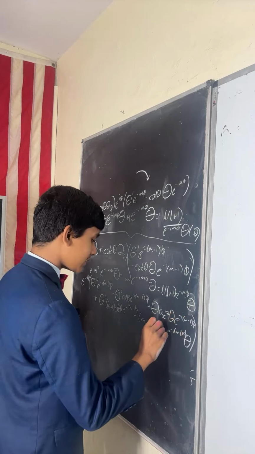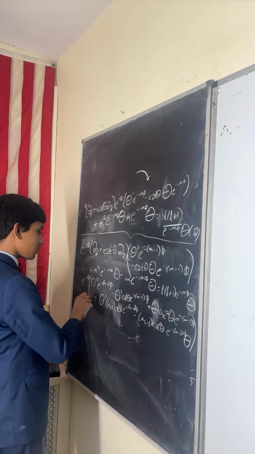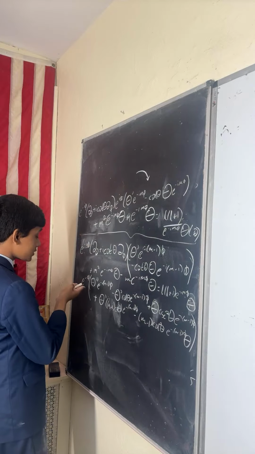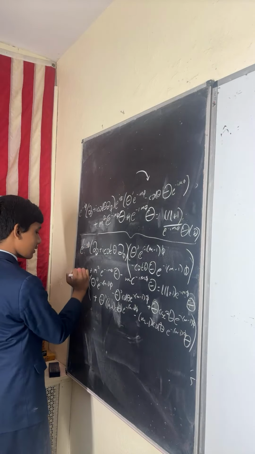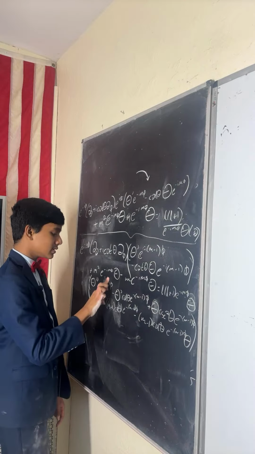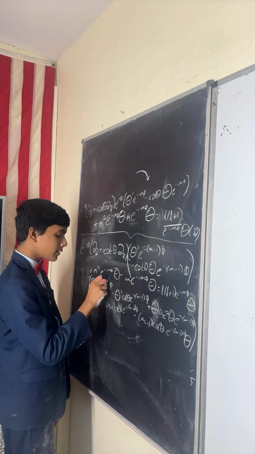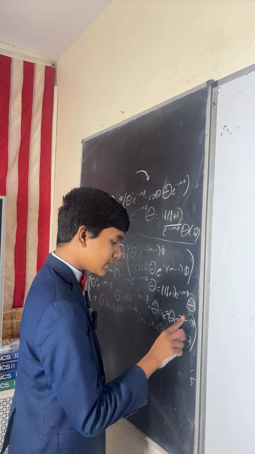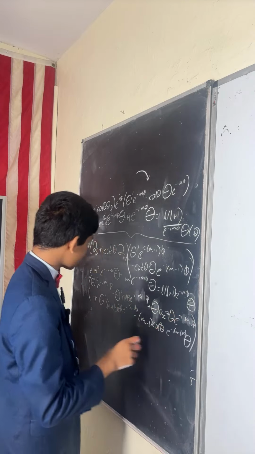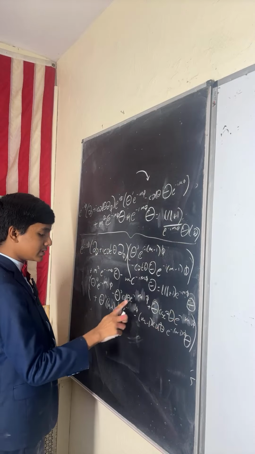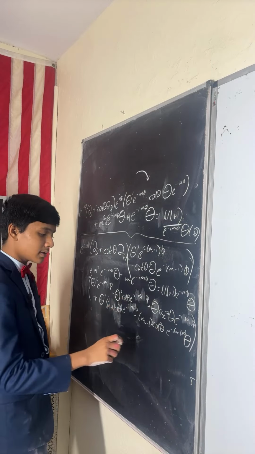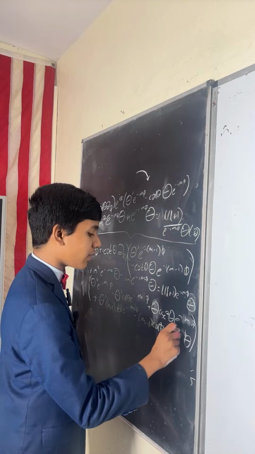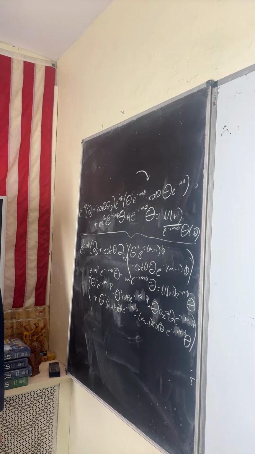Oh, and this would be cotangent squared. Plus, oh, and of course we have to distribute this back in. And what does that give us? This is minus i m phi. This is minus i m phi. This is minus i m phi. Hopefully you can see where we're going with this. This is minus i m phi, once we put everything back in.